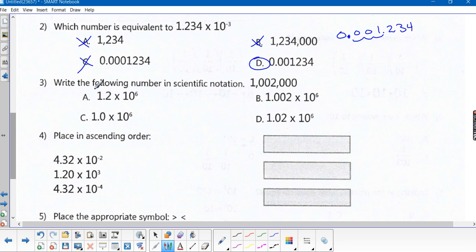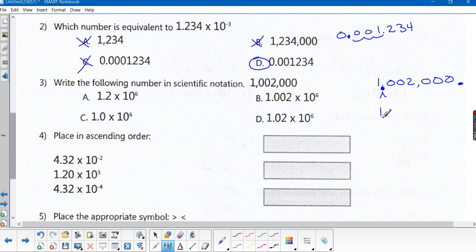Okay. Write the following, number 3, write the following number in scientific notation. Again, I'm going to go out here and rewrite this. Place my decimal where it is to begin with, and know that I would like to put it right there to make this number between 1 and 10.